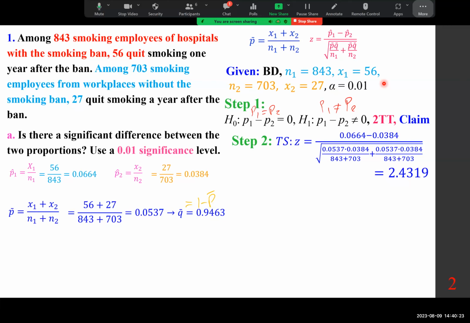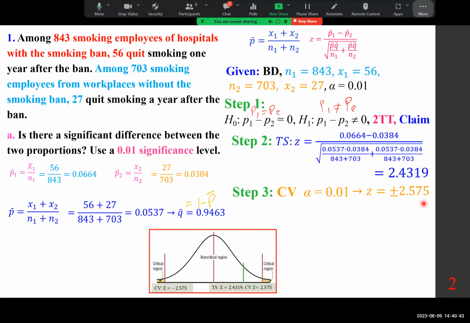The critical value, CV, comes from the choice of alpha, which is 0.01. And this is a z-score because the binomial distribution gets approximated by the normal distribution, and it's always the z-score. It gives you plus minus 2.575 from the table.